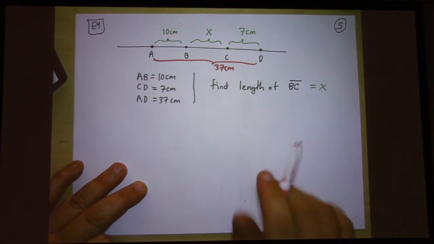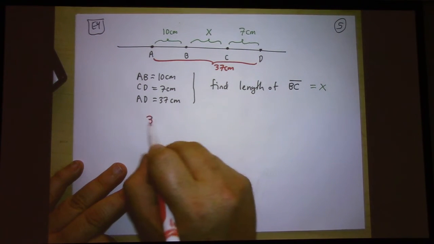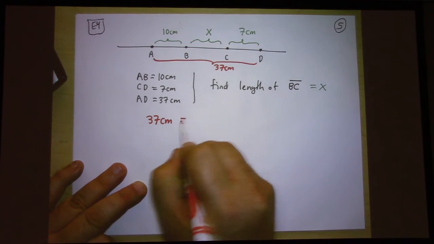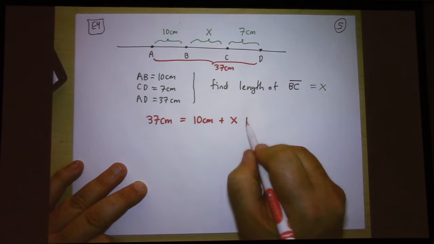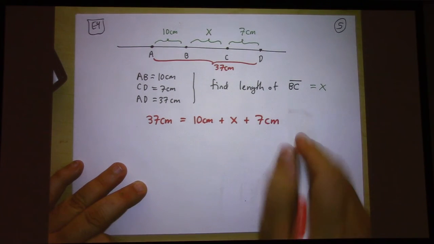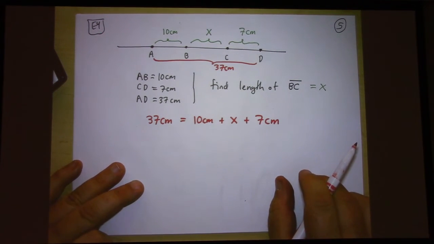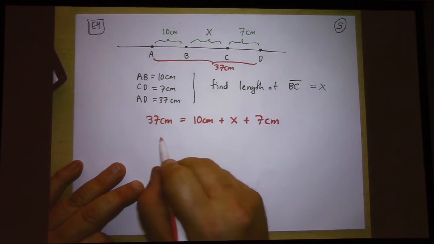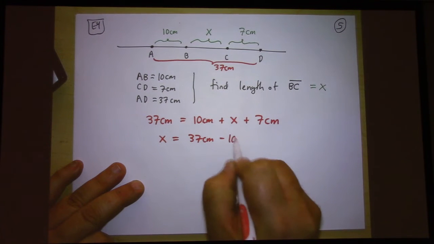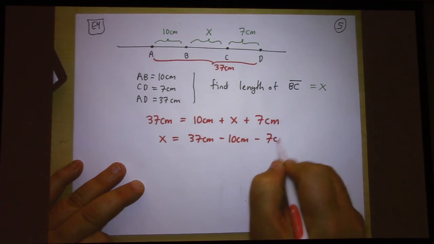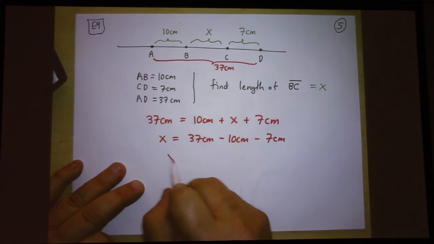So what equation does this give us? This gives us that 37 centimeters, right, is equal to 10 centimeters plus the thing we don't know, X, plus 7 centimeters. So we can solve for X, right? X is equal to what? 37 centimeters minus 10 centimeters minus 7 centimeters. I'm putting you guys to sleep.